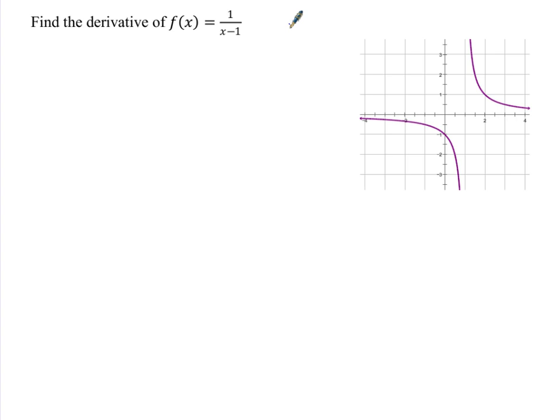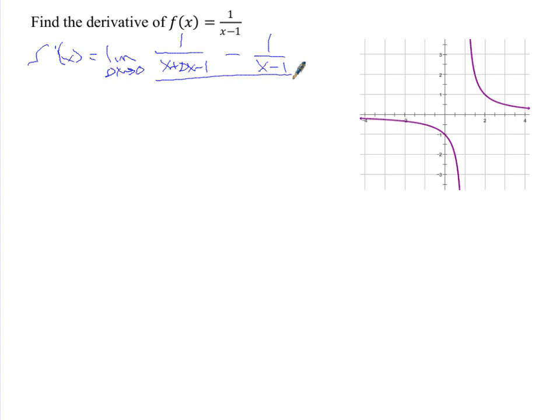Set it up. Good? Minus 1 over... Good. That's f of x plus delta x minus the original f of x.